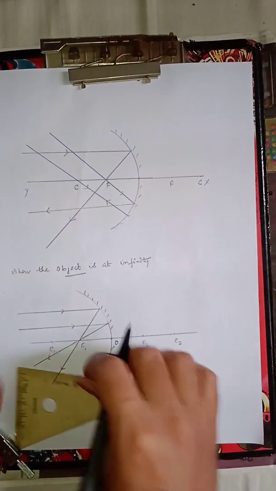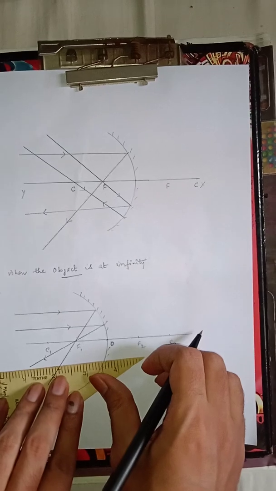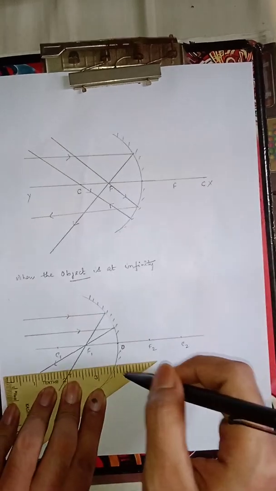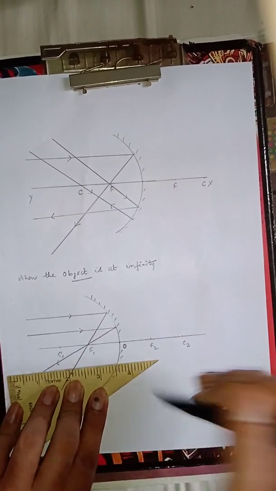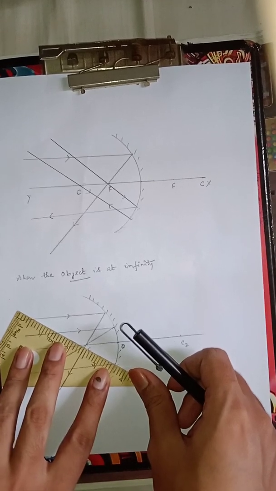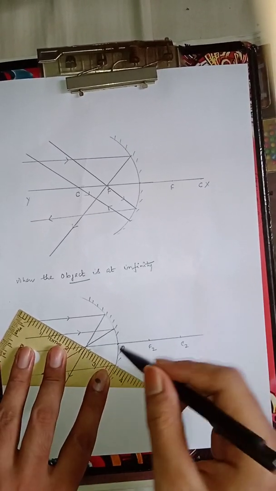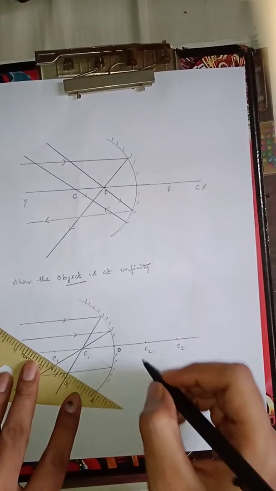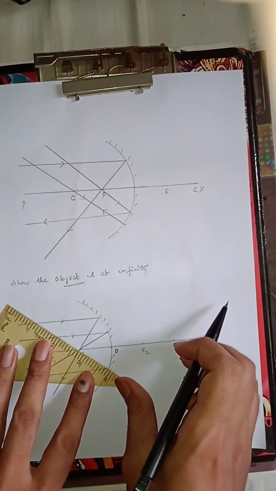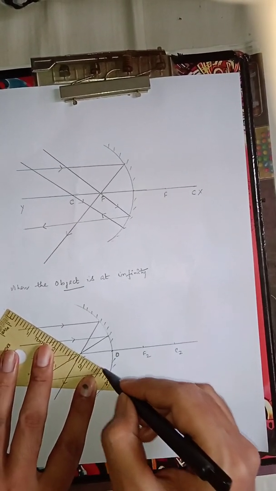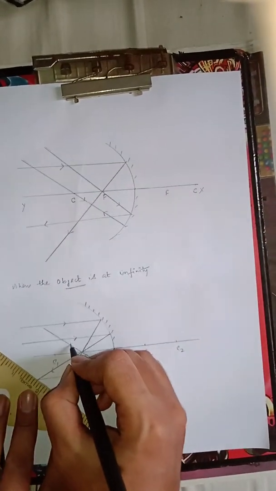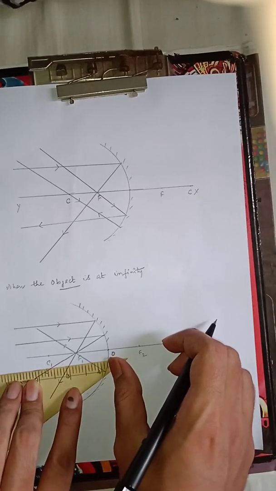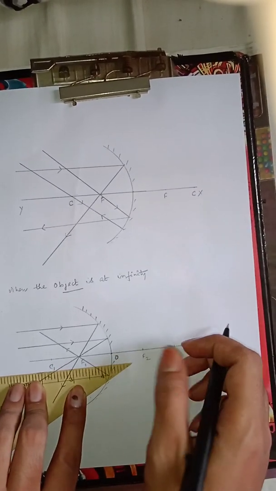Similarly, I am drawing two paraxial rays below. This is another paraxial ray.